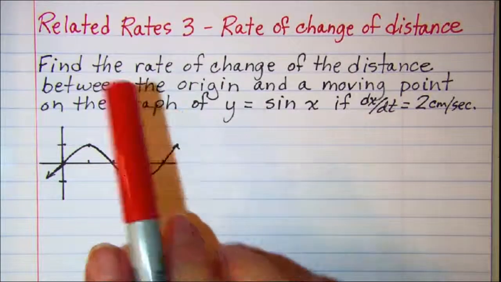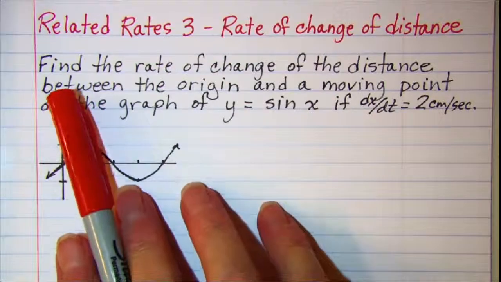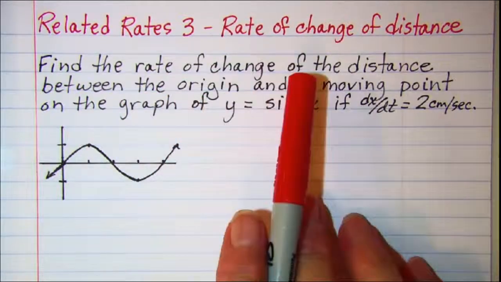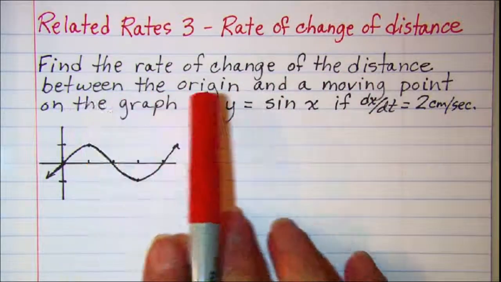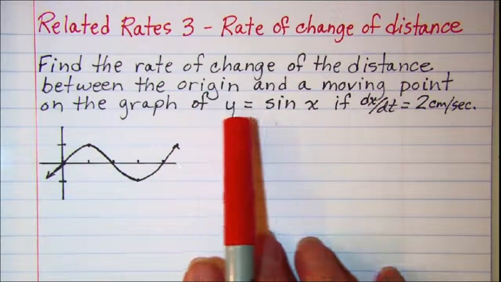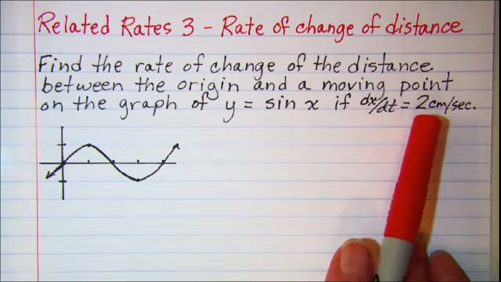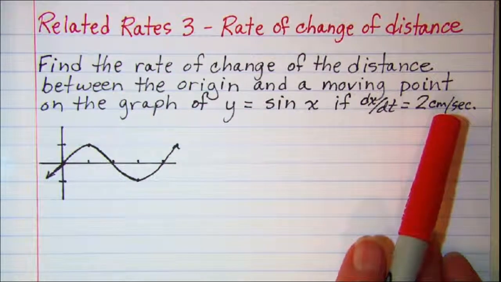In this video, we'll be solving a related rates problem. We're asked to find the rate of change of the distance between the origin and a moving point on the graph of y equals sine x, if dx/dt is equal to 2 centimeters per second.